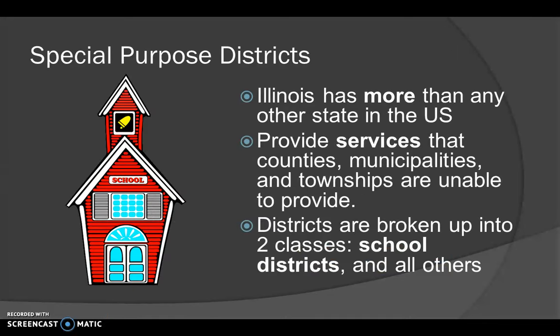There are also many special purpose districts in Illinois. Illinois actually has more special purpose districts than any other state in the nation. These districts provide services that counties, municipalities, and townships are unable to provide due to financial constraints. The districts are broken up into 2 classes. You have the school districts and all others.